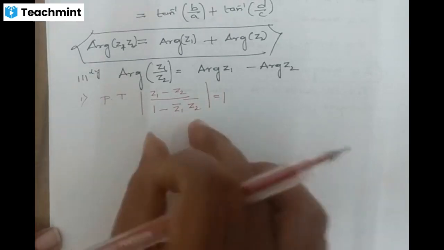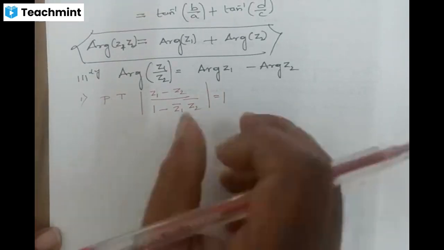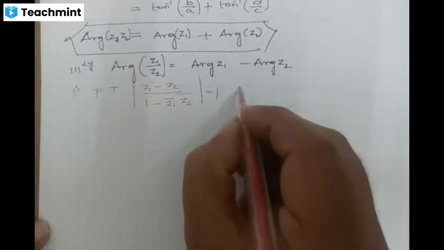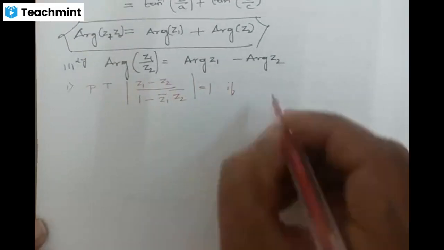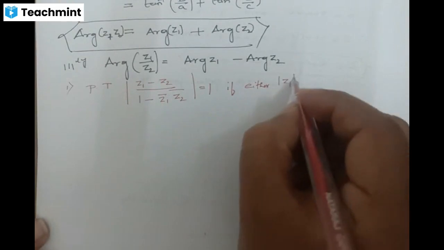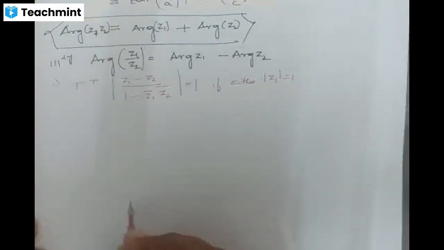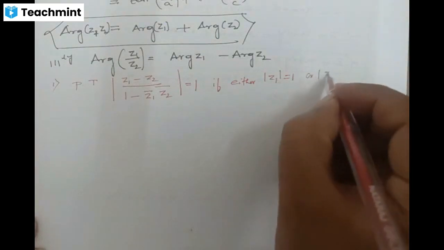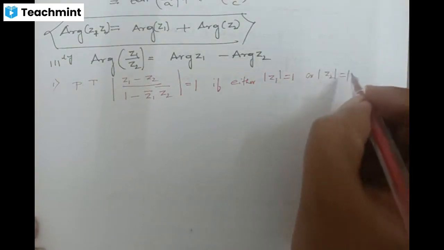We have to prove this equality, LHS equal to RHS, if either mod z1 is equal to 1, or mod z2 is equal to 1.